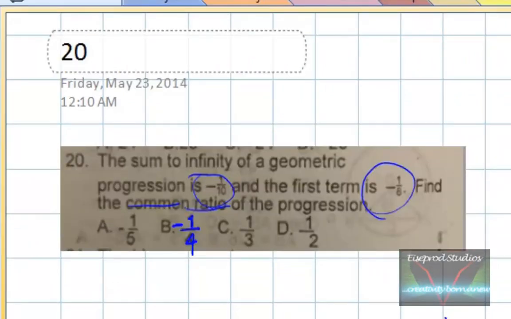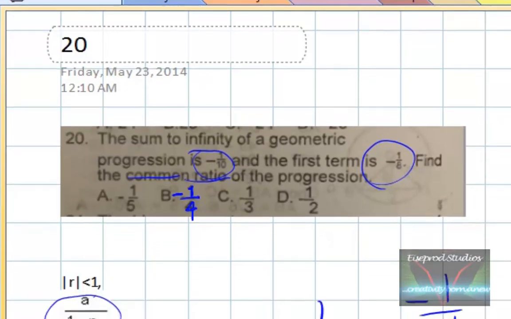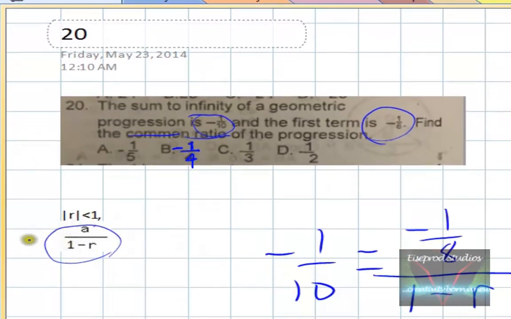So question 20 wants us to find the ratio of this sum to infinity of a geometric progression. It tells us that the sum itself is negative 1/10, and that the first term is negative 1/8. And so I've used this equation, which assumes that the absolute value of the ratio is less than 1.